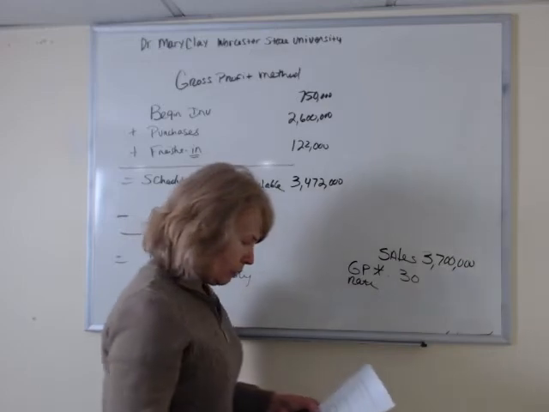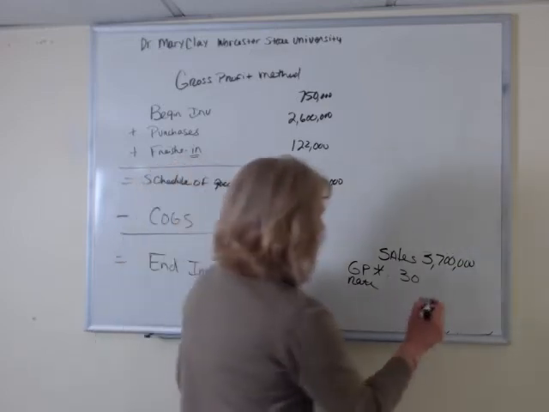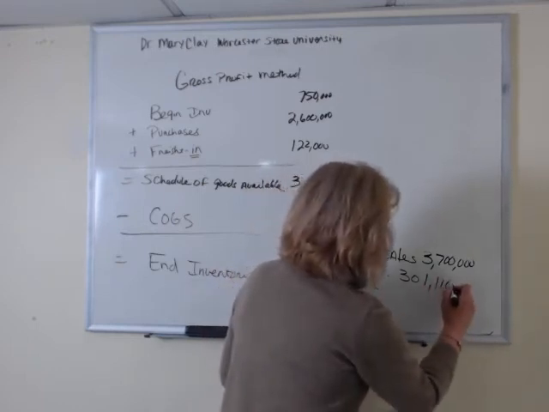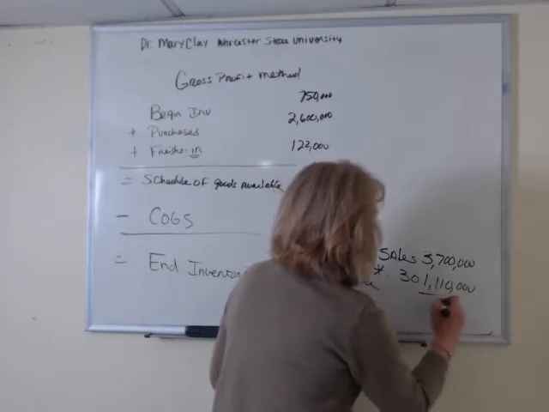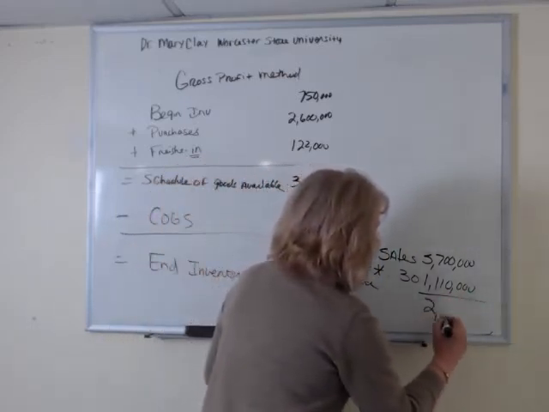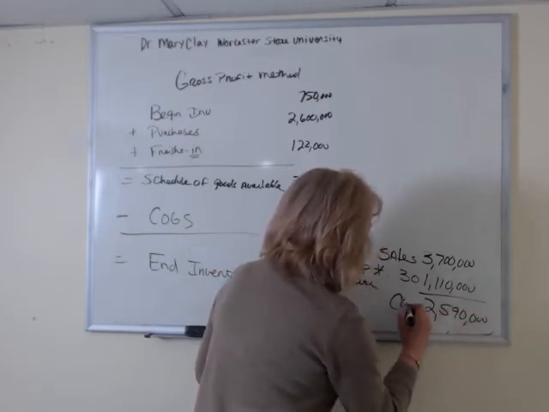You multiply it by 0.30, and that will give you 1,110,000. You subtract it, and that gives you 2,590,000. This piece is your COGS.